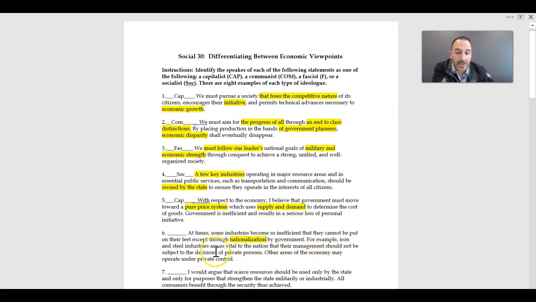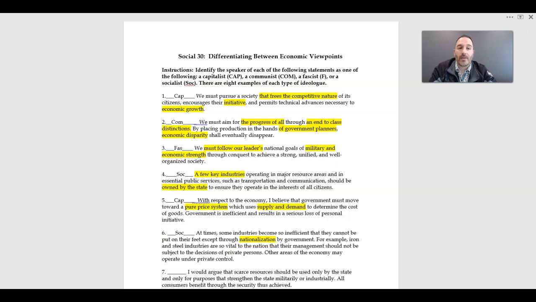Other areas of the economy may operate under private control. Now, this last part that I highlighted here, it's in gray. If that wasn't there, I would argue that this would be communism. However, because we're seeing some state ownership and some private ownership, it has to be socialism.